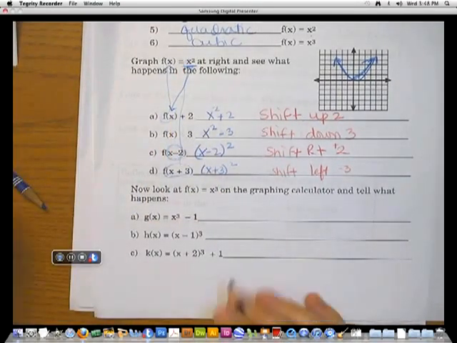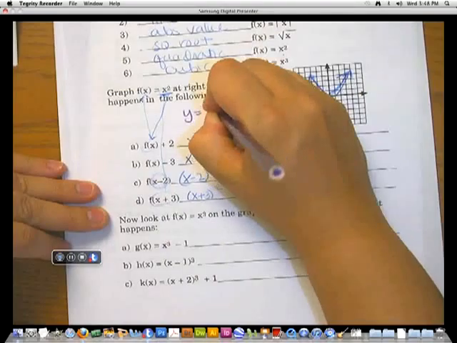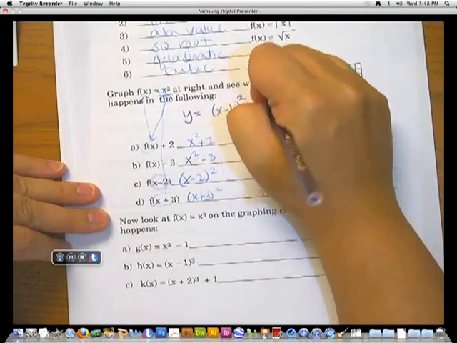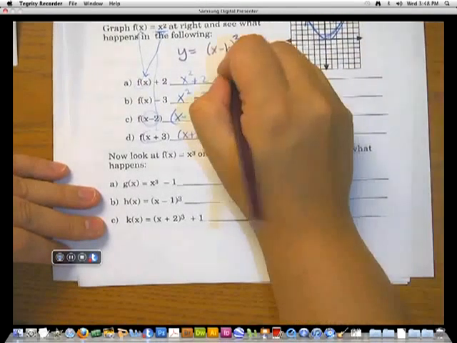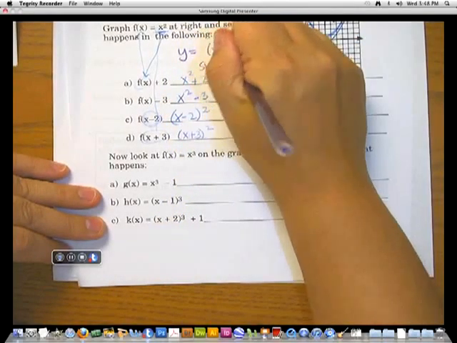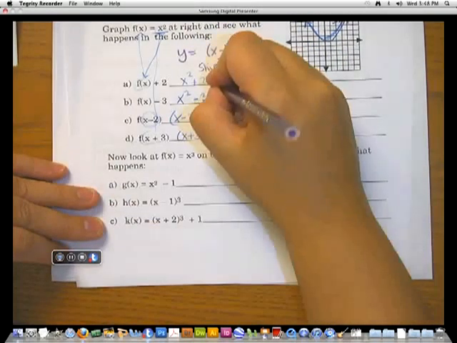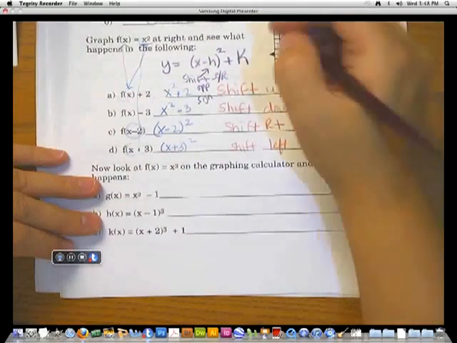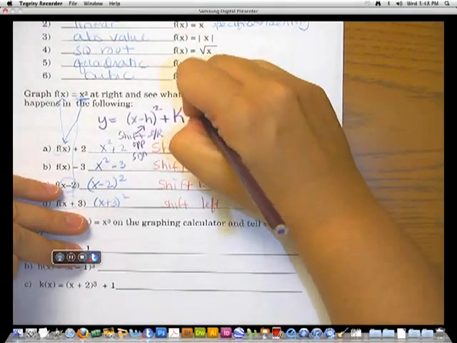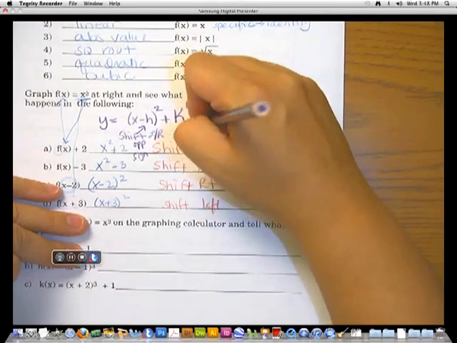This is where we start throwing in our h's and k's. We're going to get y, and then we have x minus h squared plus k, where the h is going to shift left or right the opposite sign, and k is going to shift up or down, but it's going to be the same sign.